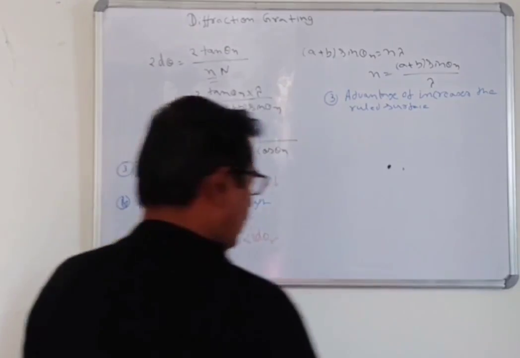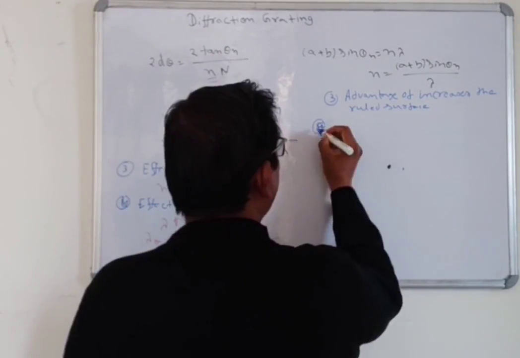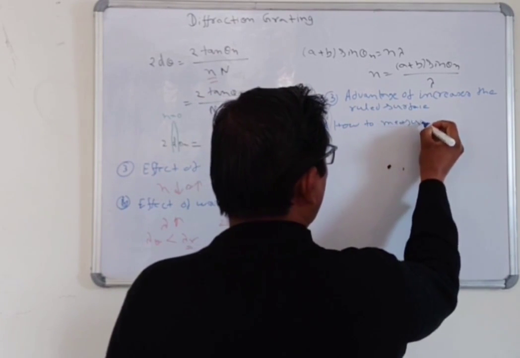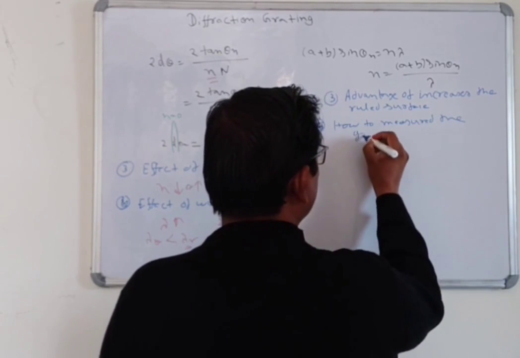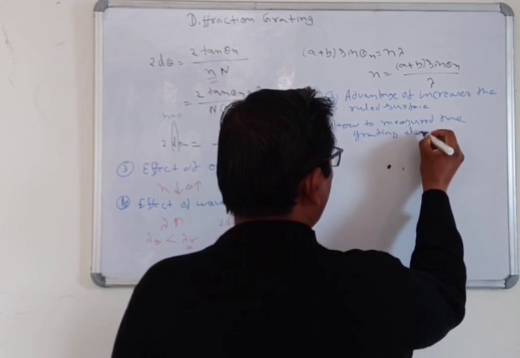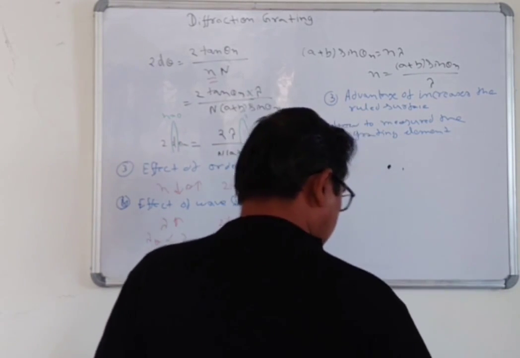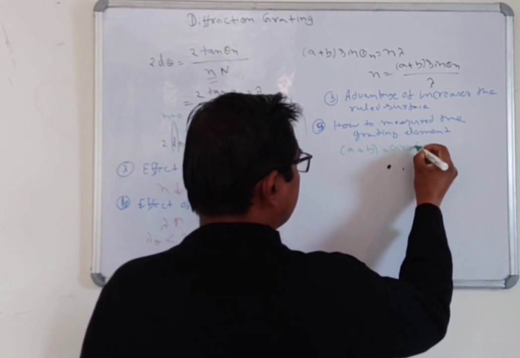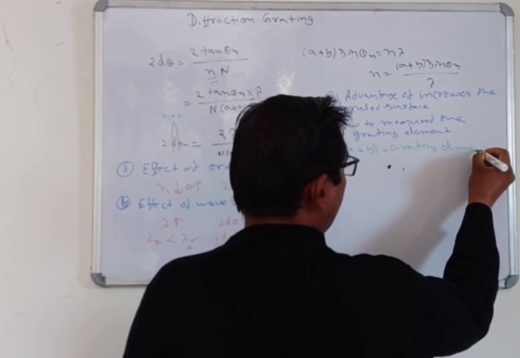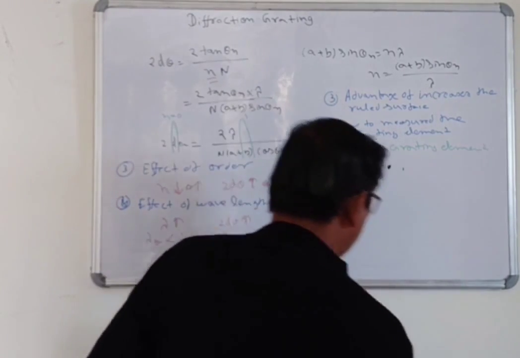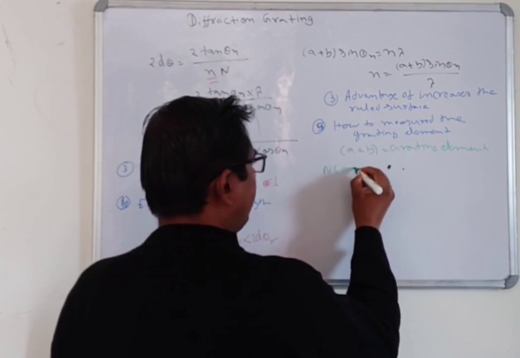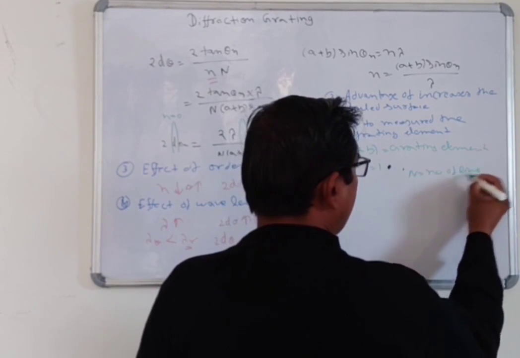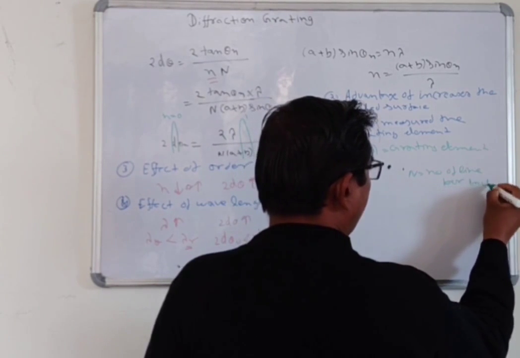Now fifth is how to measure the grating element. The value of A plus B is known as the grating element. Suppose there are N ruled lines per inch.